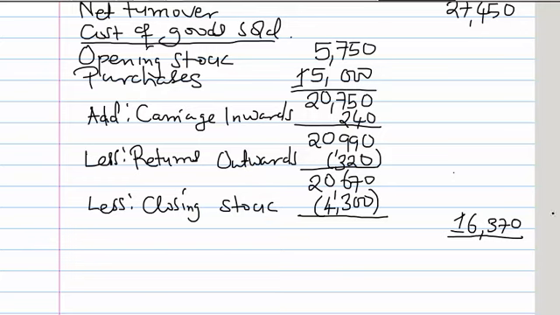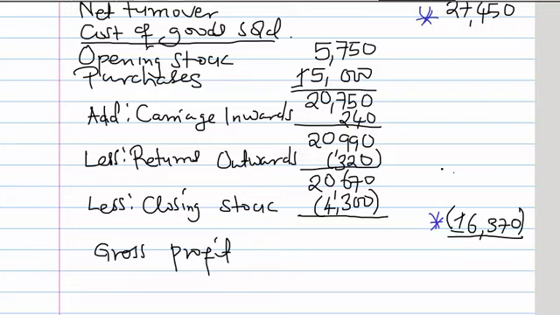What we do now is subtract the cost of goods sold from the net turnover. So let me just point at that for you. So we're going to take the net turnover, which is here, and we will subtract the 16,370. Like I said, when we're subtracting, we want to put this in brackets so that what we find is what is going to be known as gross profit. So if you've heard of gross profit, that's what it is.